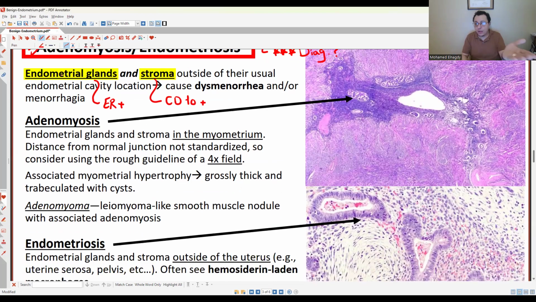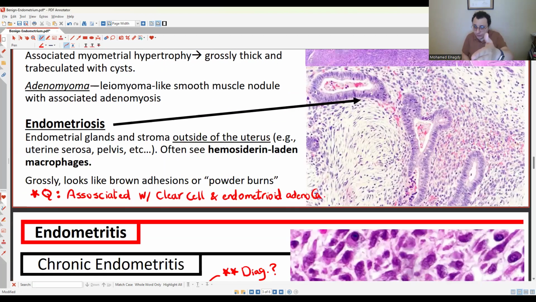Well, myometrium, okay, so I see endometrial glands here in the myometrium, and the blue area surrounding these endometrial glands is actually the endometrial stroma. So I see endometrial stroma and endometrial glands in the myometrium, that's adenomyosis. And if I see endometrial glands and endometrial stroma anywhere in the body outside the uterus, it's endometriosis.